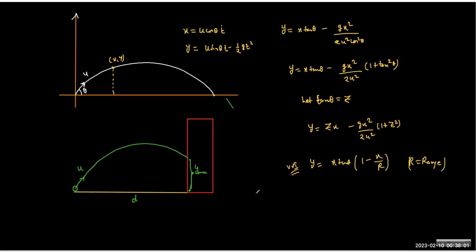Is it correct? I don't know how you have written g d square by 2u square. No, this is not correct. Have you rearranged everything and then written? You have to write in terms of only U and G and D, right? Sorry, sir. Got it.